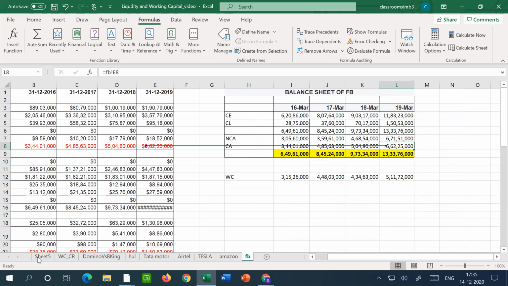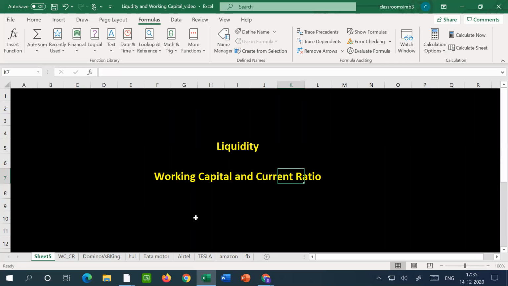So the objective of this particular short presentation is that in order to comment upon the current ratio and working capital, it is necessary to understand the composition of the current assets and current liabilities.